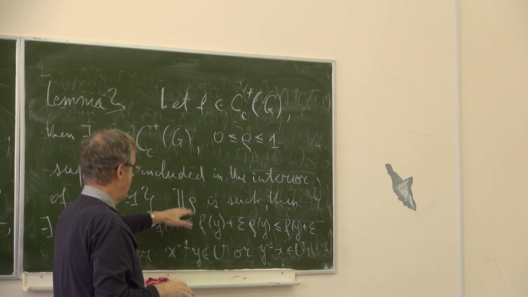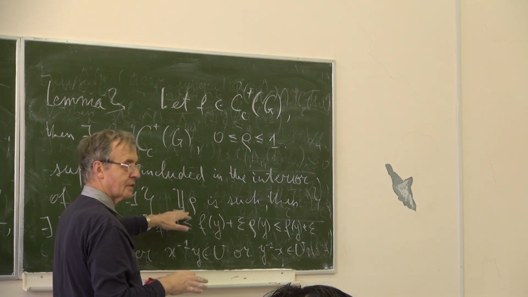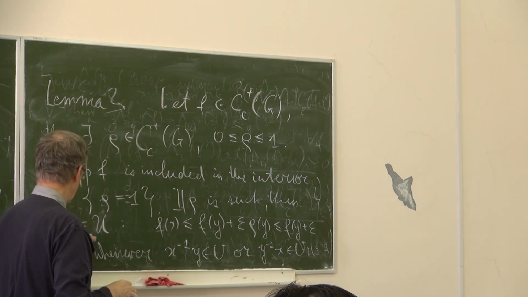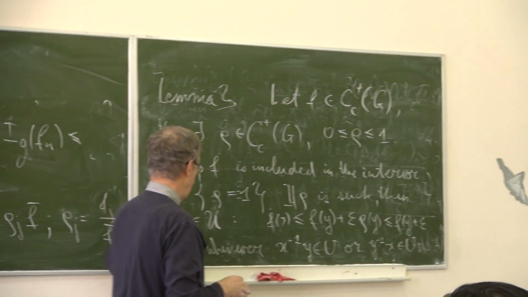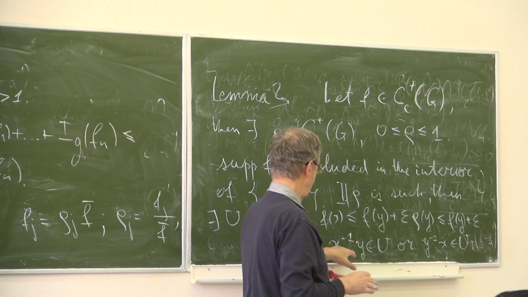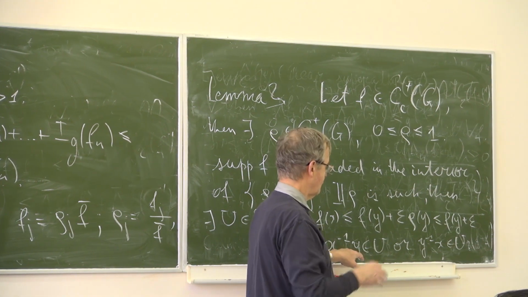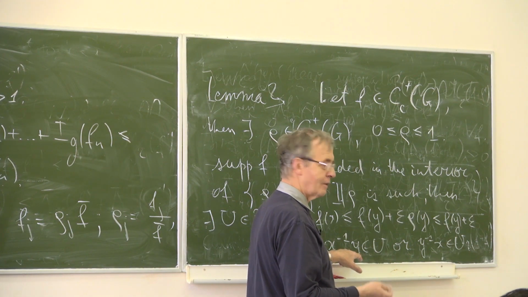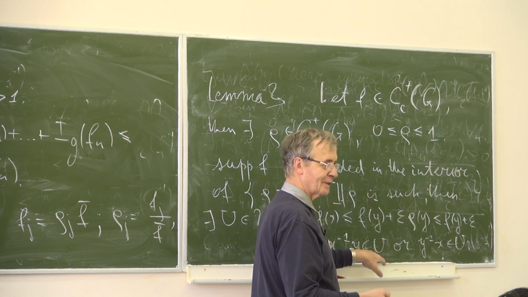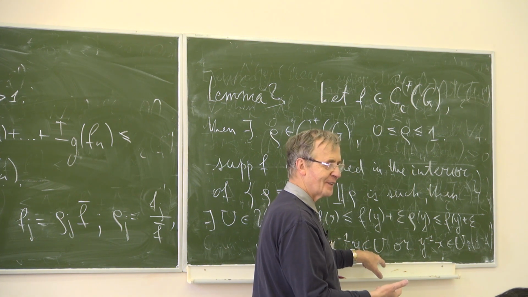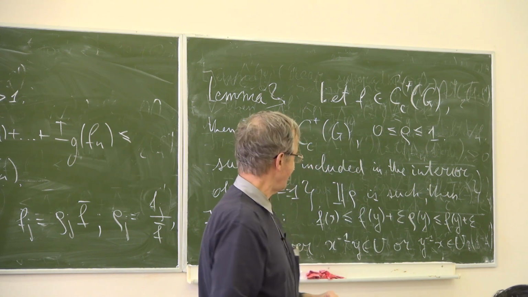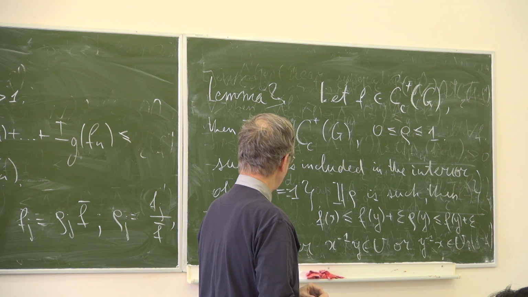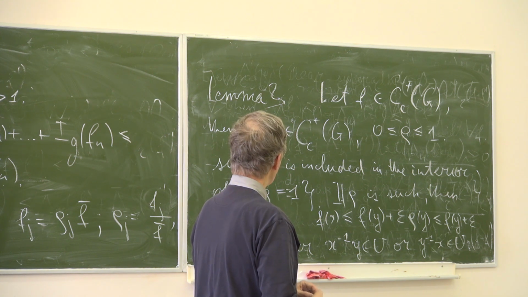If rho is any such function, an arbitrary such function, then there is a neighborhood U of unity such that whenever x and y are two points in our group G which are close of order U, then we have this inequality. No, the question is, what is the pointer between epsilon and U?